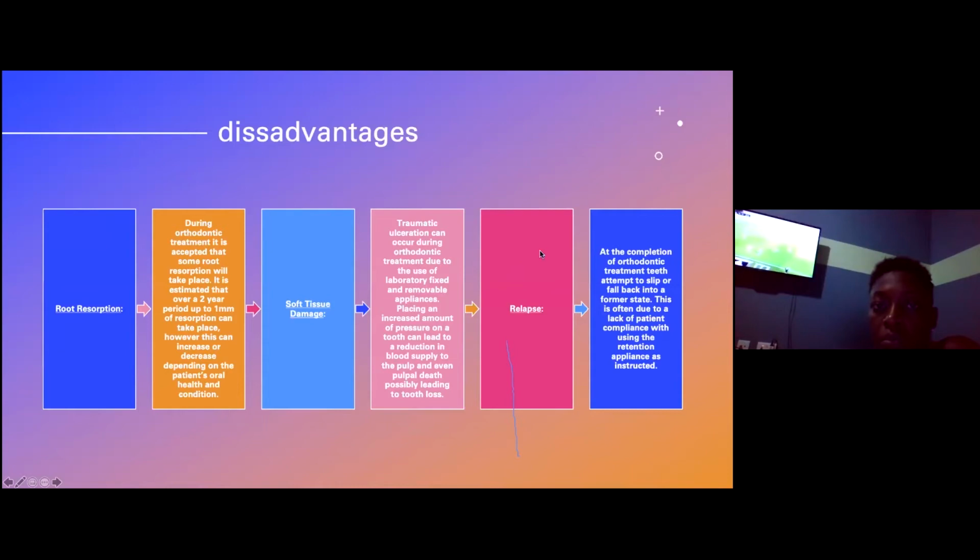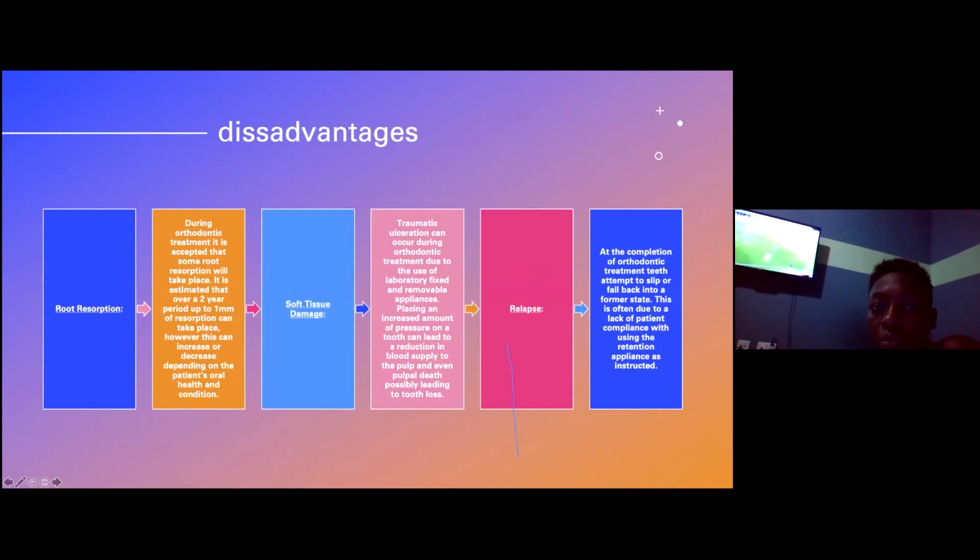Relapse. At the completion of orthodontic treatment, teeth attempt to slip or fall back into a former state. This is often due to the lack of patient compliance with using the retention appliances instructed. And this is particularly important. It's important for young children and teenagers, but particularly for adult patients, because their oral anatomy, their jaws and their soft tissues are more developed.